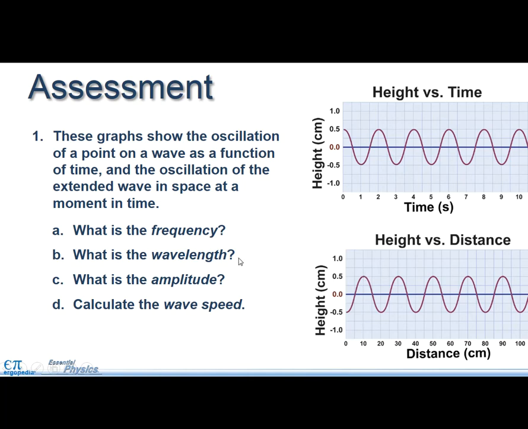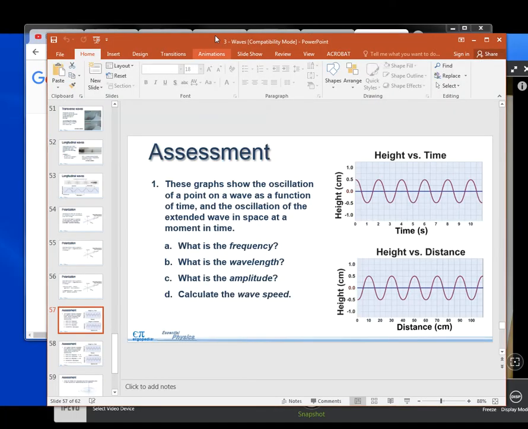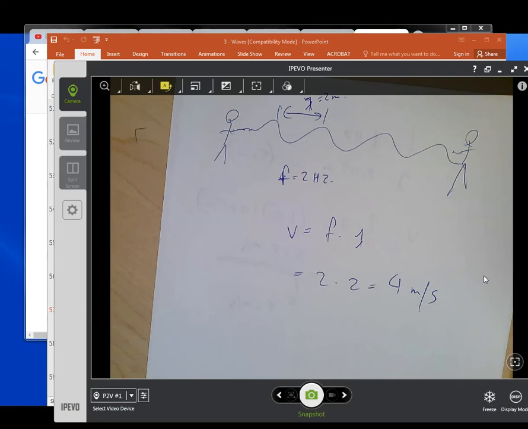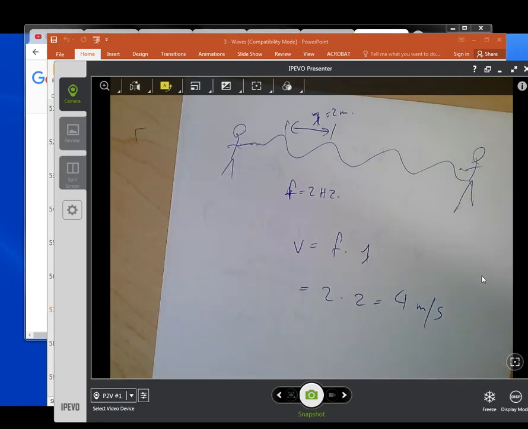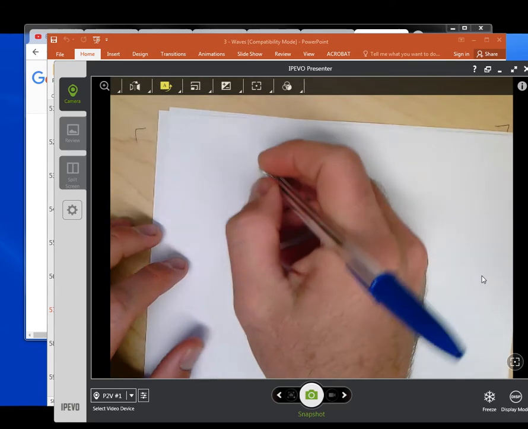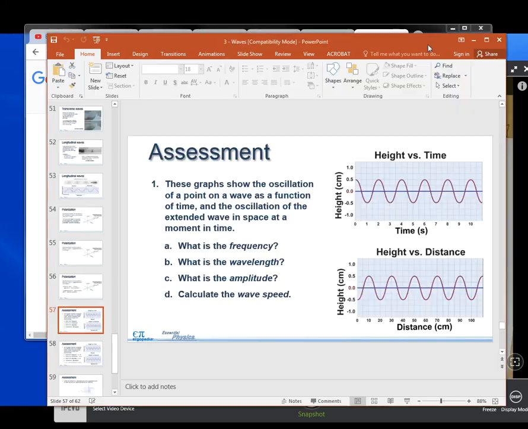Finally, we get to calculate the speed of the wave. In order to do that, I'm going to go back to the camera here and get a new fresh piece of paper. Write down the numbers here. We found the frequency was 1/2 of a hertz, and the wavelength we found to be 0.2 meters or 20 centimeters.